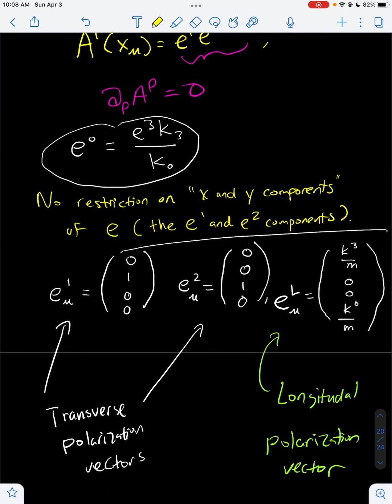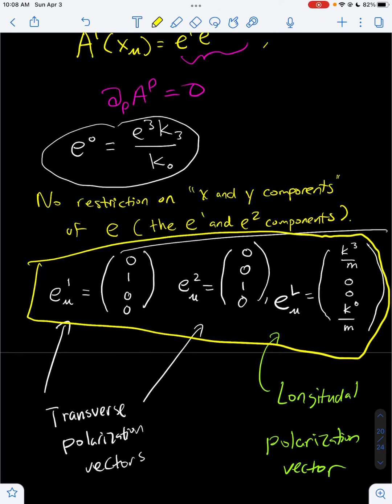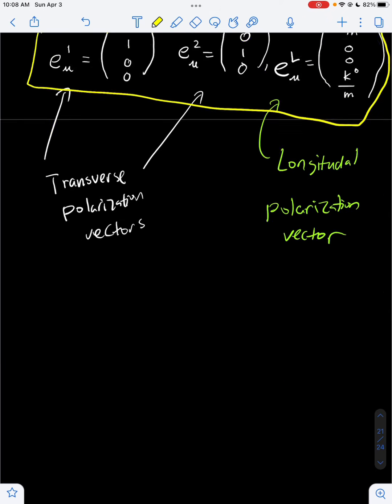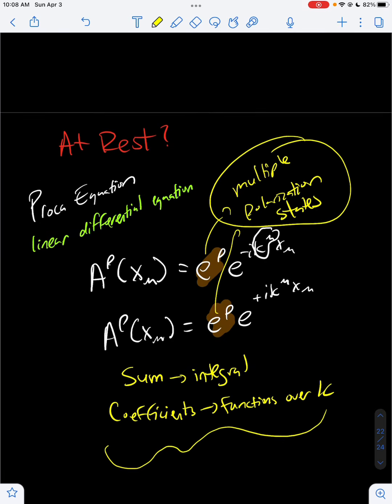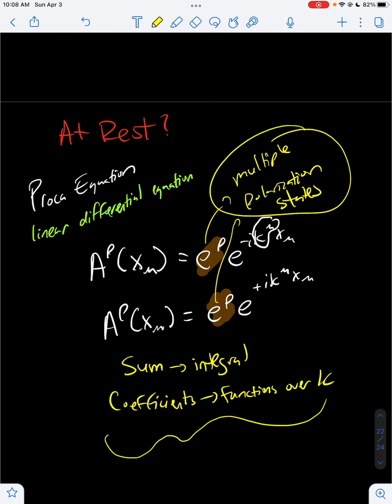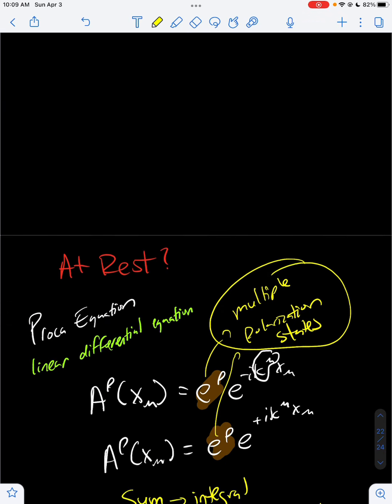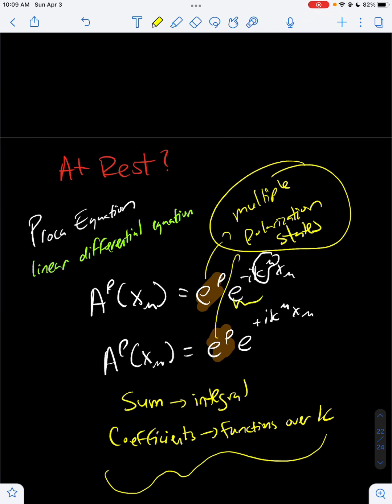And recall that we actually have 3 of those polarization states. And the superposition over those polarization states will also be a valid polarization state. And yeah, we can just sum over those ones as well. And if we scale those by coefficients, we can just absorb that into our plane waves.